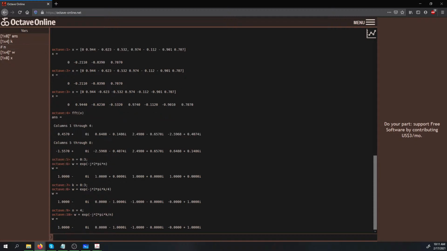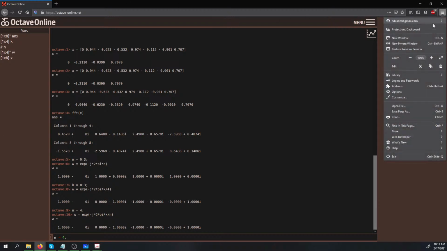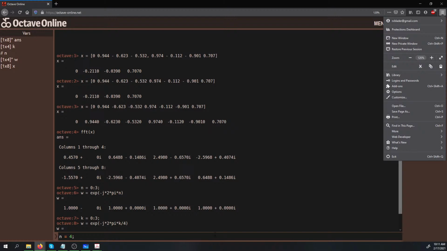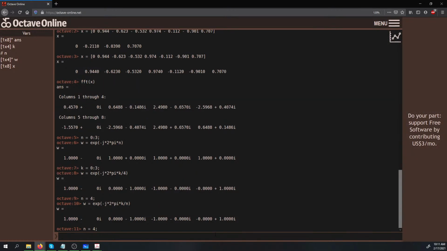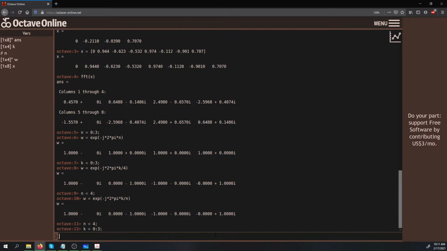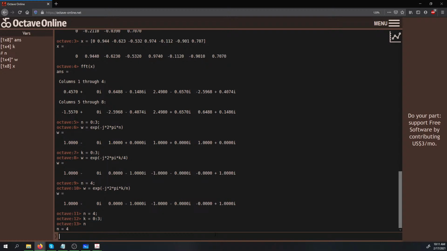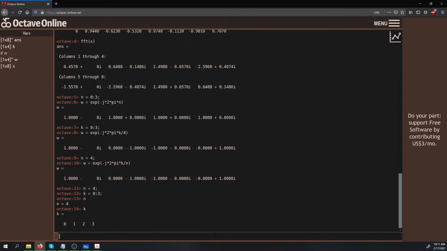So what I did here is I said n is equal to 4 for the second decimation stage. Then I said k goes from 0 to 3. The n here is 4, k here is 0, 1, 2, 3.